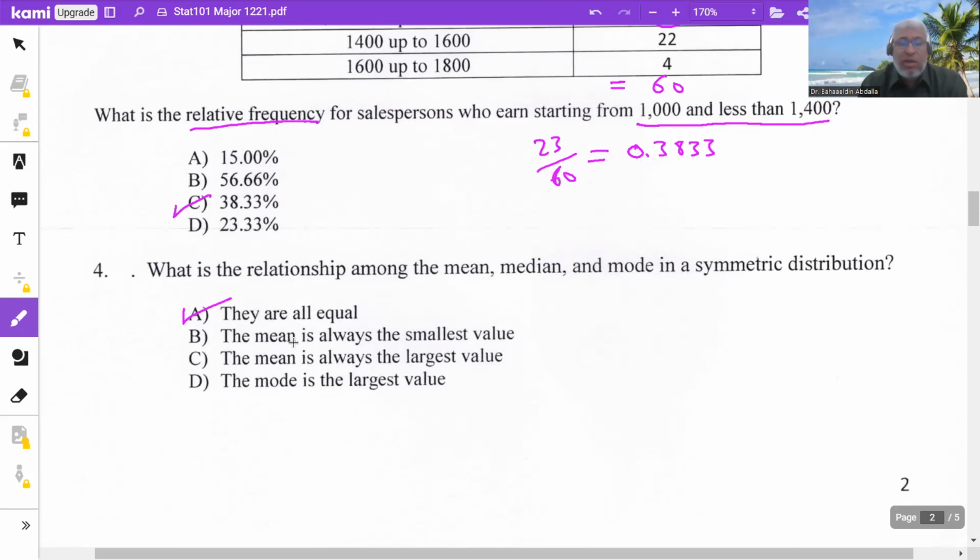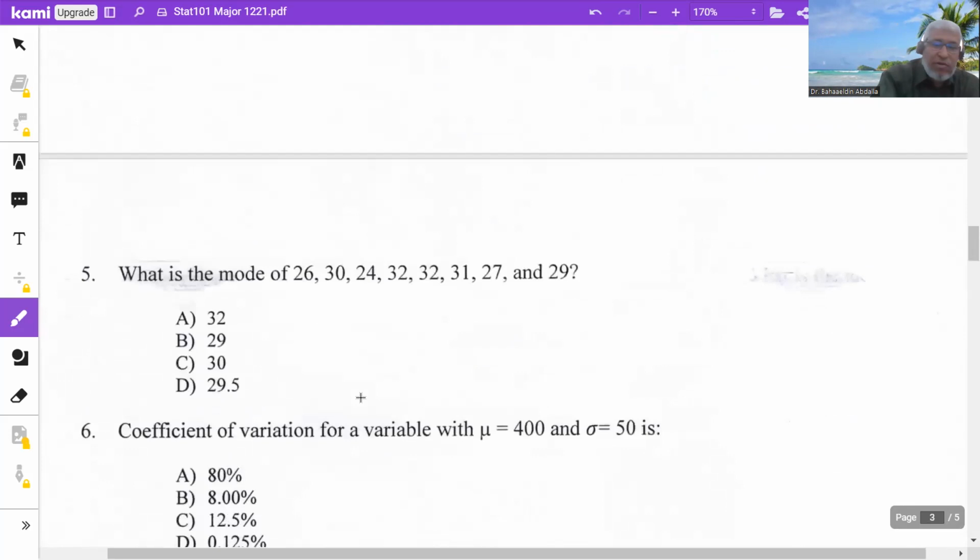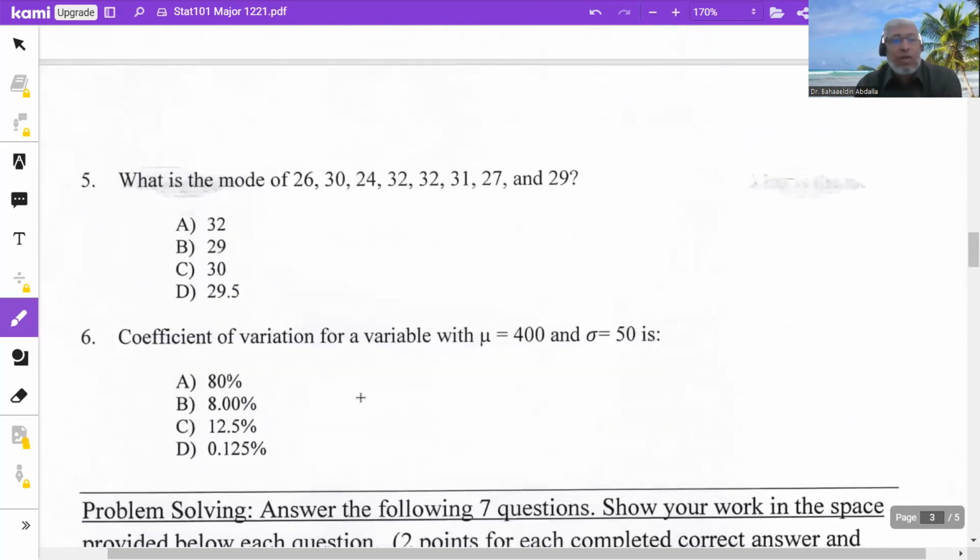So they are all equal. The mean would be the smallest value if the distribution is left skewed or negatively skewed. The mean will be the largest value if the distribution is positively skewed. And this is not correct: not in general is the mode the largest value. It depends on the shape of the distribution.